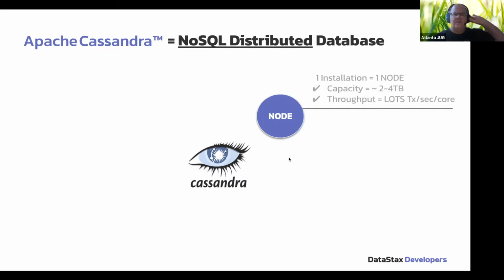We see Apache Cassandra equals NoSQL distributed database, and we see the node, but I don't think the slides are advancing. Yes, I keep moving my screen. Let me stop sharing and start sharing again. Sometimes it does that. What about now? Black screen now.